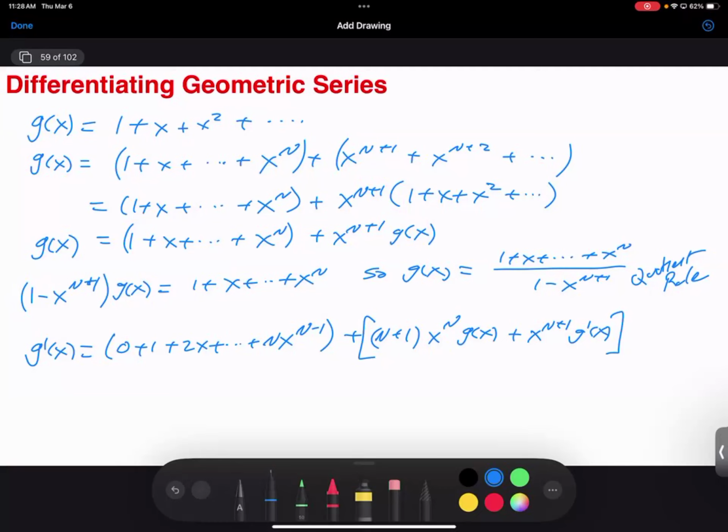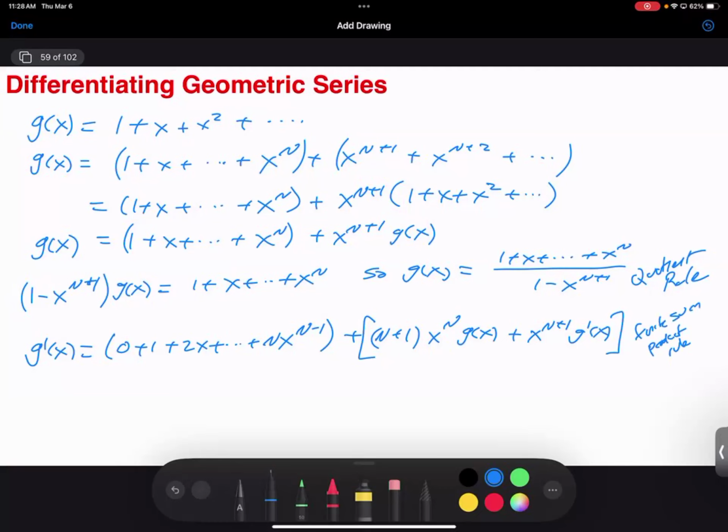So what rule am I using here? Product rule, and what else? And finite sum. So both of those are fine.